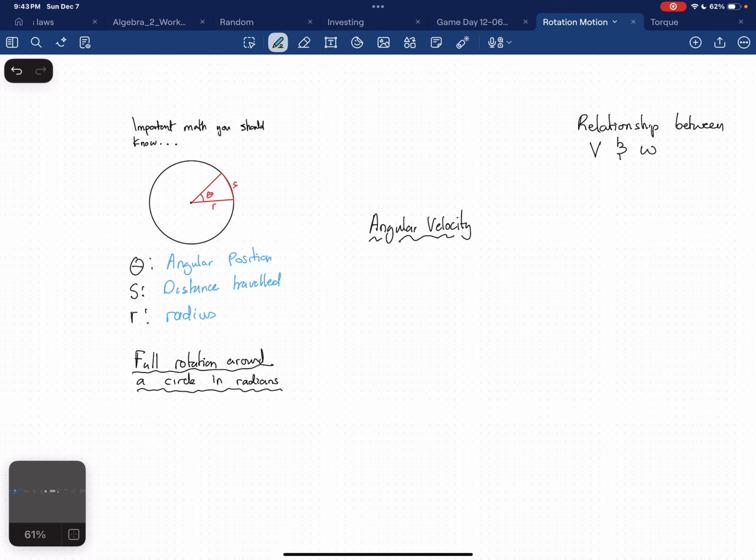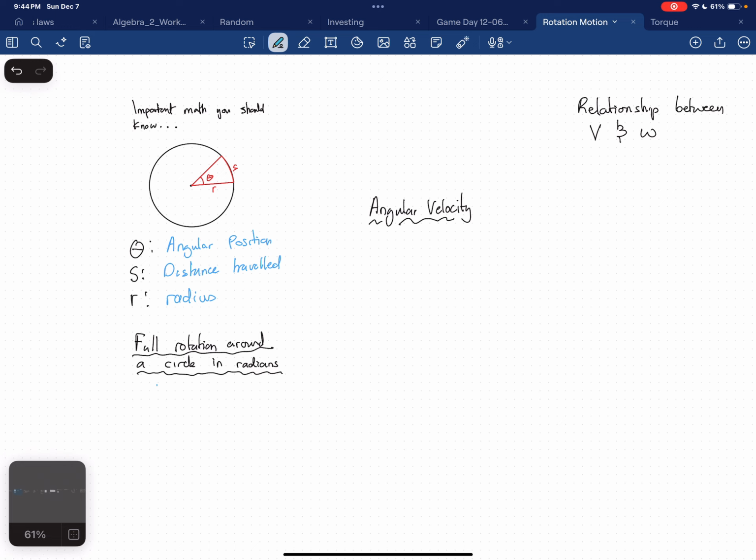All right, so we must know how to mathematically show a full rotation of a circle in the unit of radians. What does that look like in radians? Well, we can derive it, and we've derived it before. So I can say my delta theta, which is my angular displacement, by the way, is equal to delta S over R. Then I can ask myself, what's the distance traveled around a full circle?